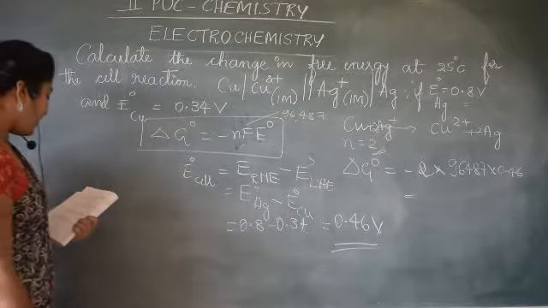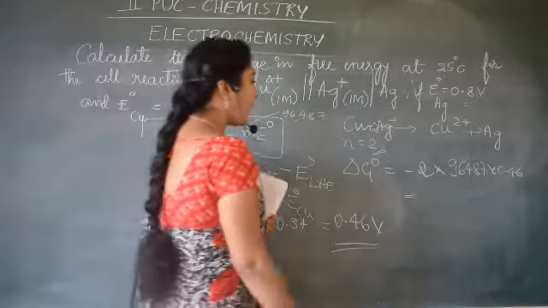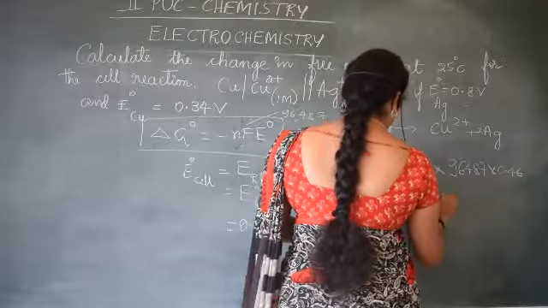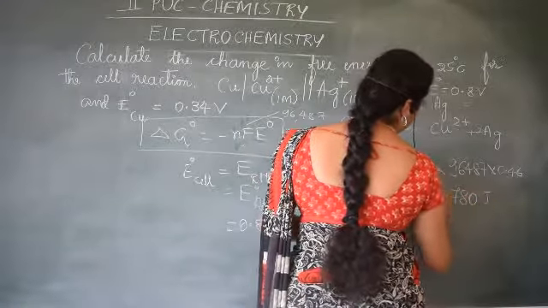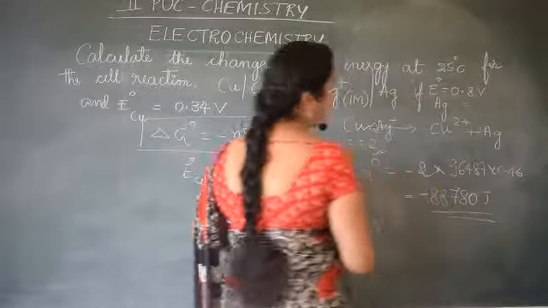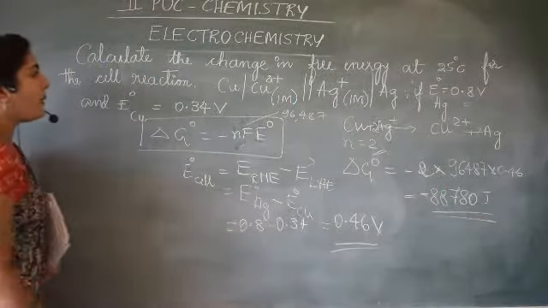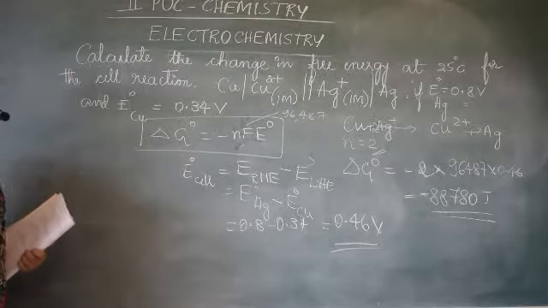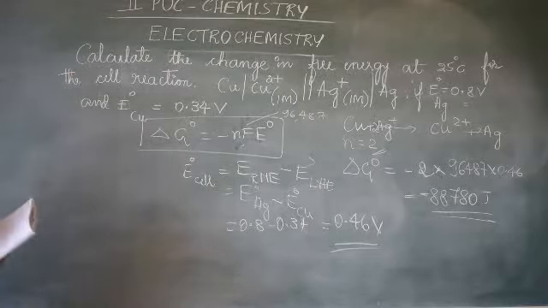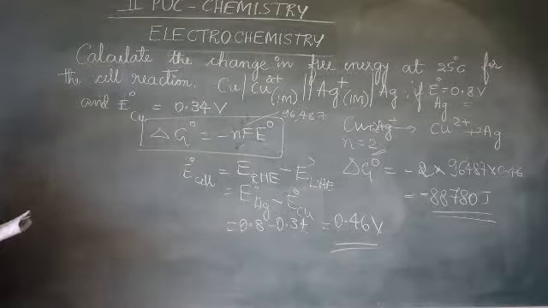The expected value for delta G naught is minus 88,780 joules. This is the expected answer for the change in free energy for the cell reaction of copper and silver that has been given.